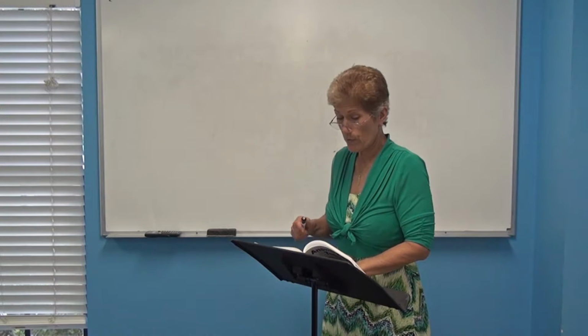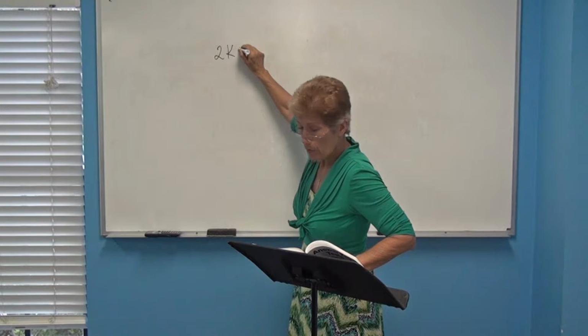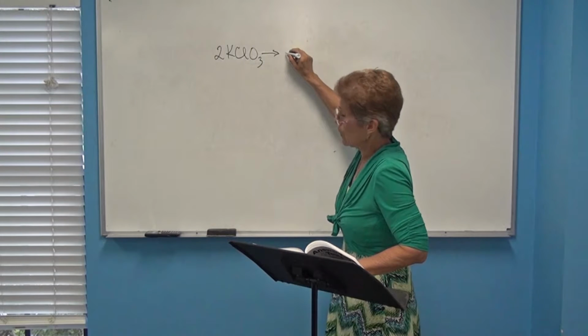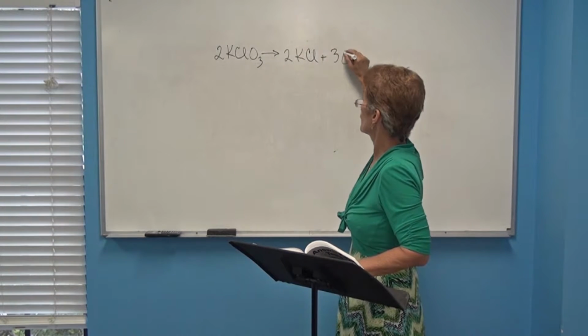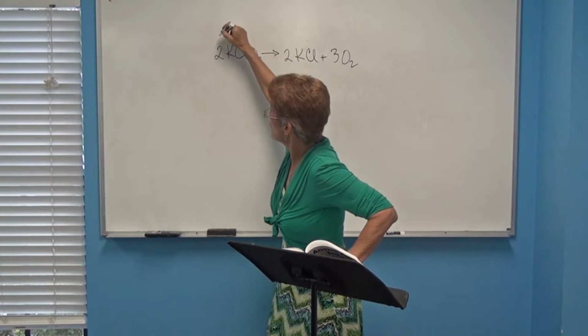Number 12. The decomposition of potassium chlorate occurs as follows. How many moles of oxygen are formed if 141 grams of the original reactant decompose? So we have 2, and we start with 141 grams of this.